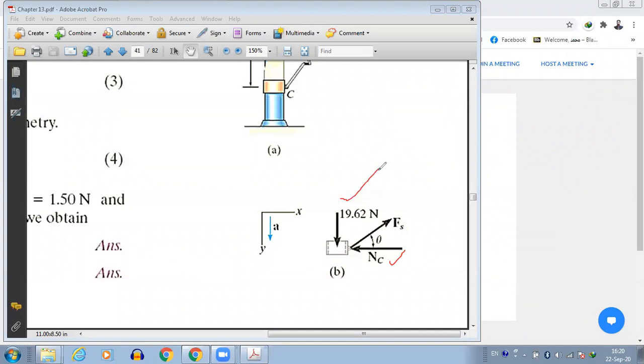This is the weight, and we have a spring force acting at some angle, obviously. The angle at which this spring force is acting is theta. So this is a free body diagram for this problem. First of all, is there anybody who doesn't understand the free body diagram? Please let me know.